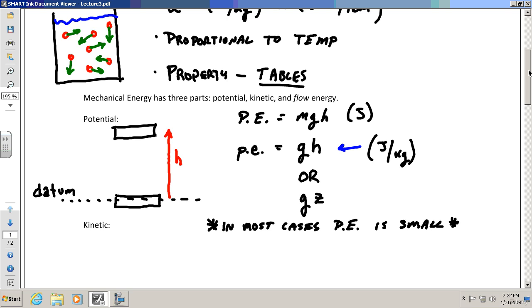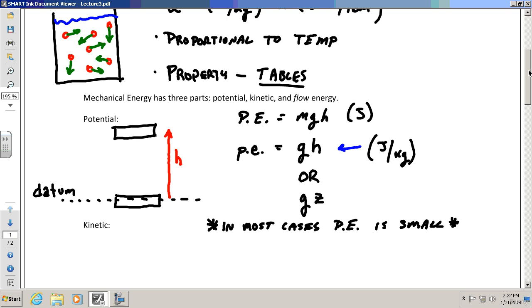This may beg the question: how do you know in a given problem whether potential energy is negligible? Negligible is just a fancy word for small, zero, ignore it. Is it negligible, or is it significant and I need to include it in my analysis? How would you know? I will give you a clue.